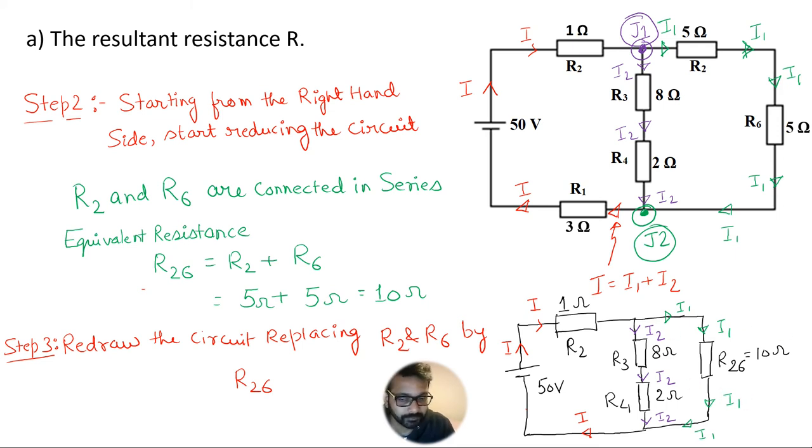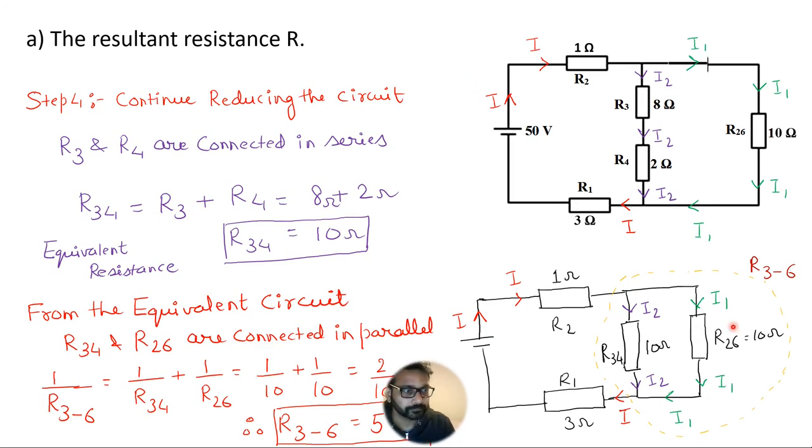Now we will continue these two steps. We'll try and find the equivalent of some of the resistances and then replace those resistances by its equivalent value and redraw the circuit again and again. Now, we have already found the equivalent resistance here.